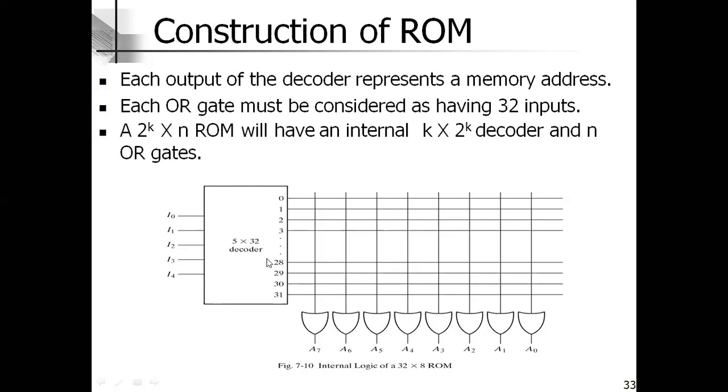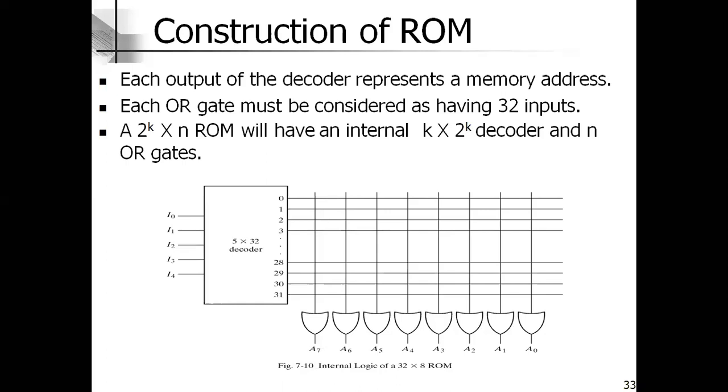So that means in general, a 2 power k by n ROM will have an internal k by 2 power k decoder.